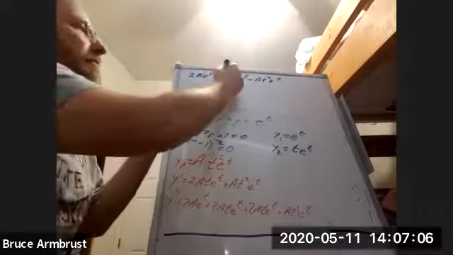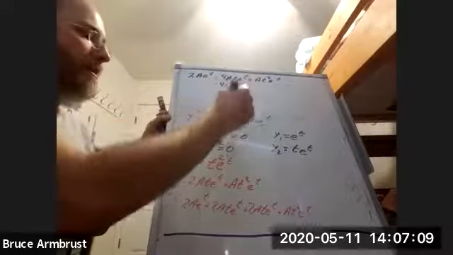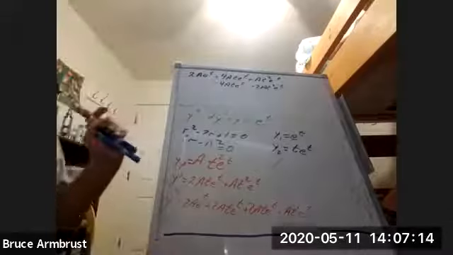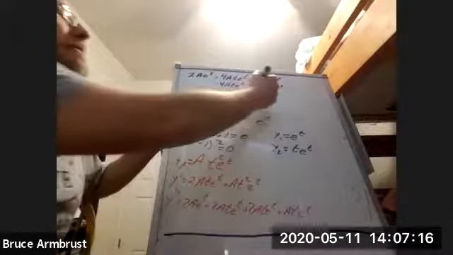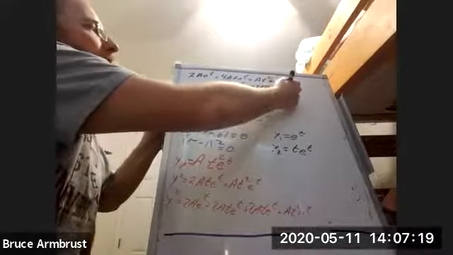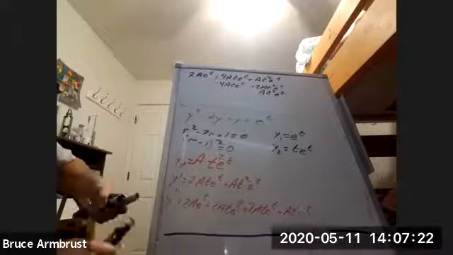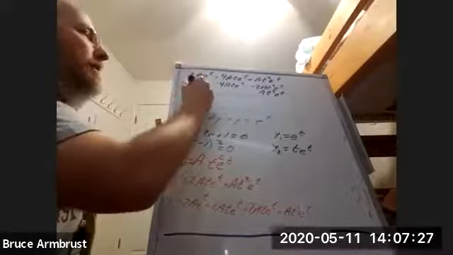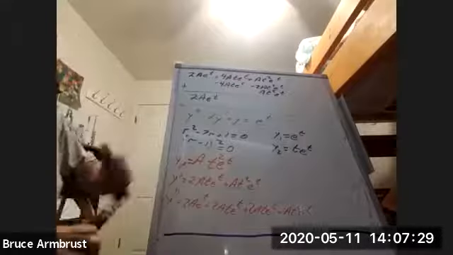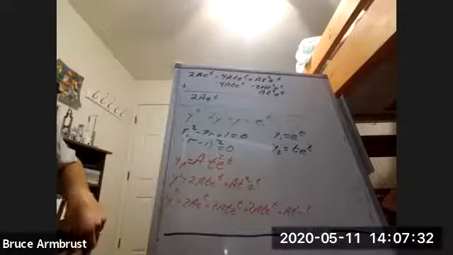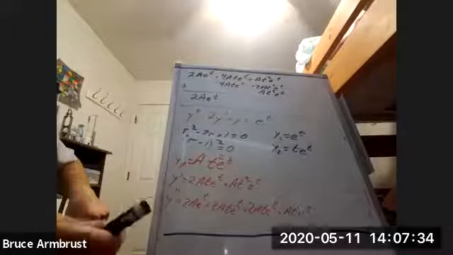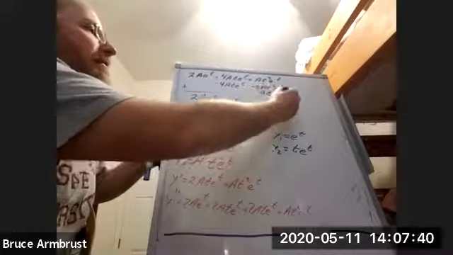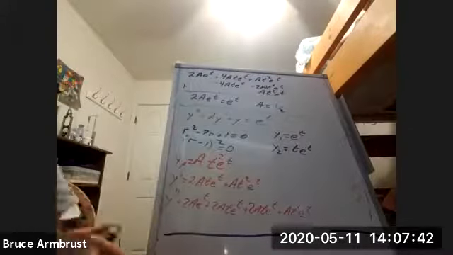So it'll be minus 4a t e to the t minus 2a t squared e to the t. And then we're going to add to it the original a t squared e to the t. So when we add all that up, we get 2a e to the t. Everything else is gone. And of course, what we need that to equal is 1 e to the t. So that tells us that a is equal to 1/2.